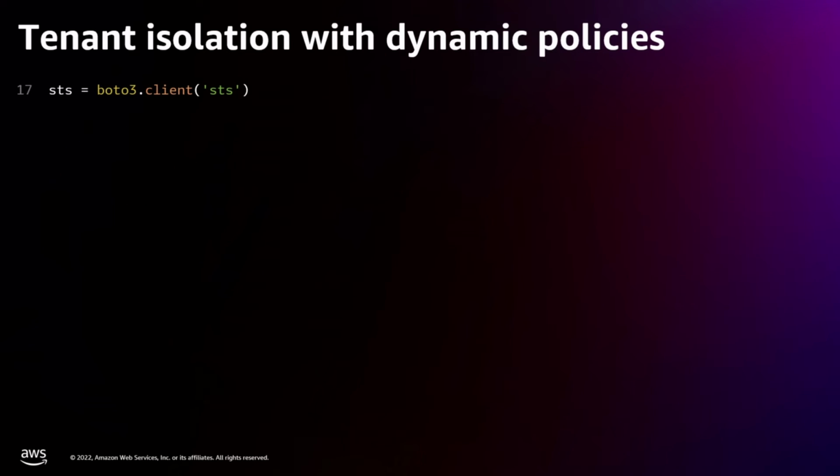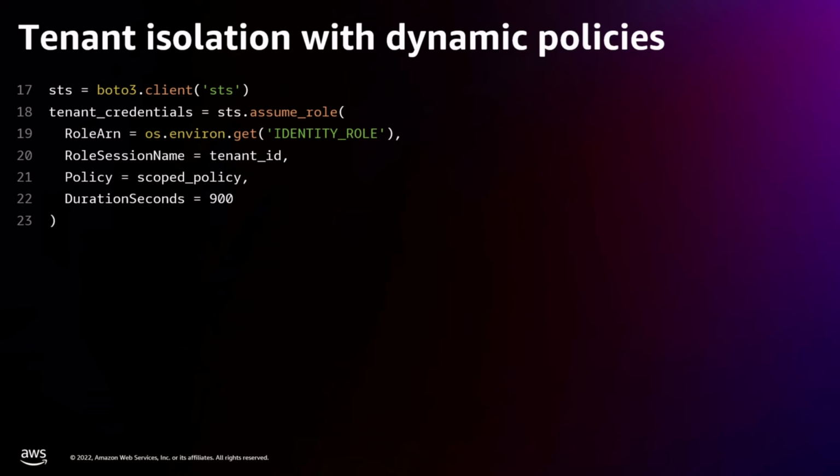Now, I'm not using identity pools, right? So I'm not using Cognito anymore. Now I have to interact with STS myself. So I ask STS to assume this identity role, and because I'm now calling assume role myself, I can pass in my scope-down policy.